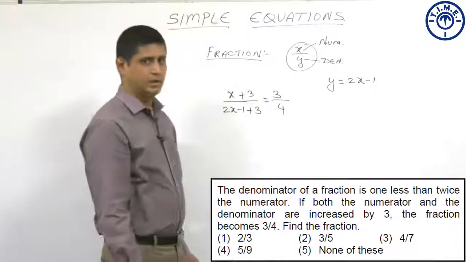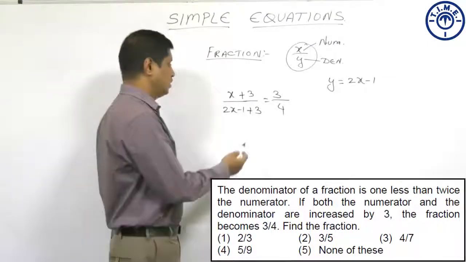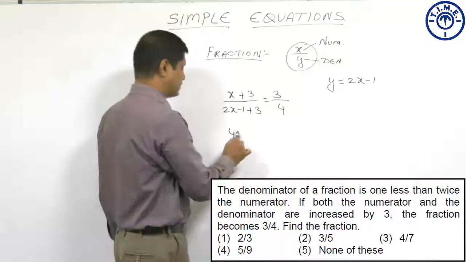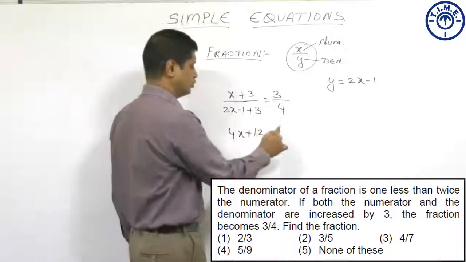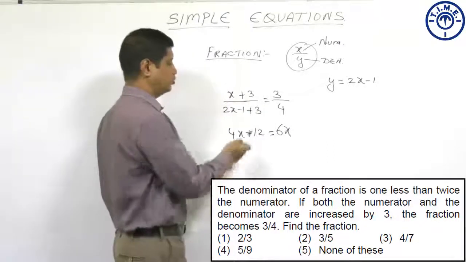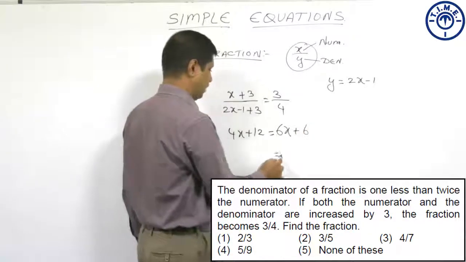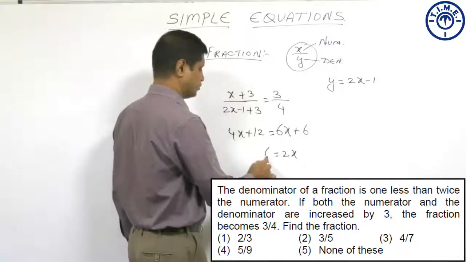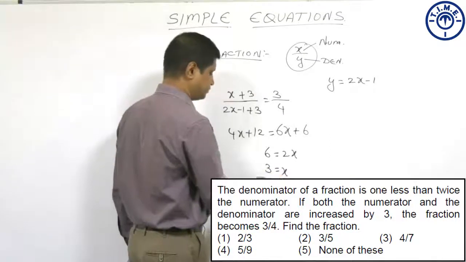Now simplify this to get the x and y values. 4 times x is 4x, 4 times 3 is 12, equal to 3 into 2x, that is 6x, minus 1 plus 3 means plus 2, 2 into 3 is 6. The value of 2x is equal to 6, so x is equal to 3.